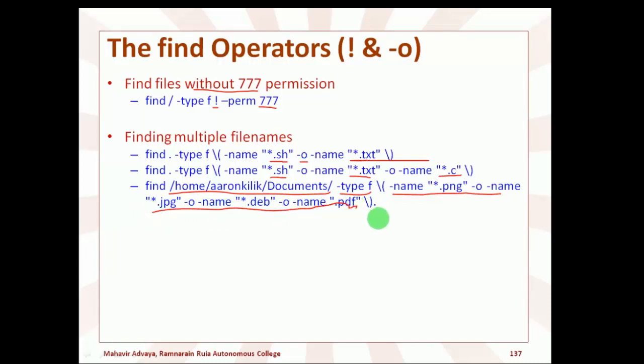This is how we use the find command to search based on various criteria. You can simply execute these commands, observe the output, and try to understand it. The find command is basically for finding files and directories in your Linux machine.